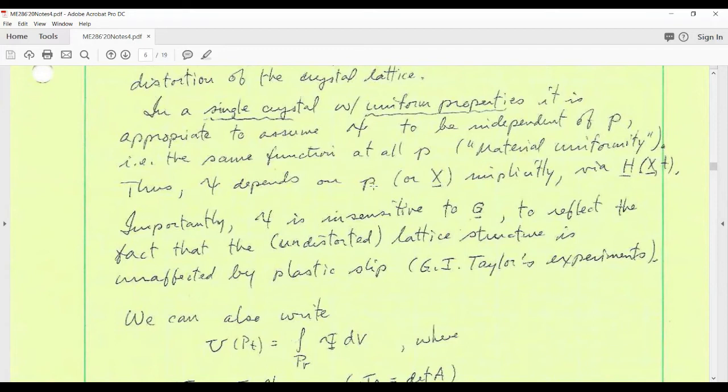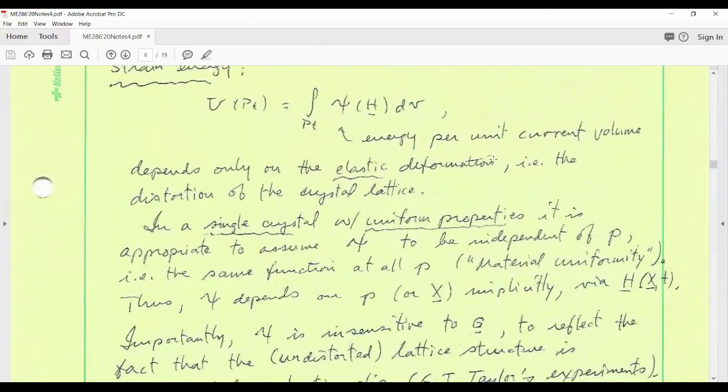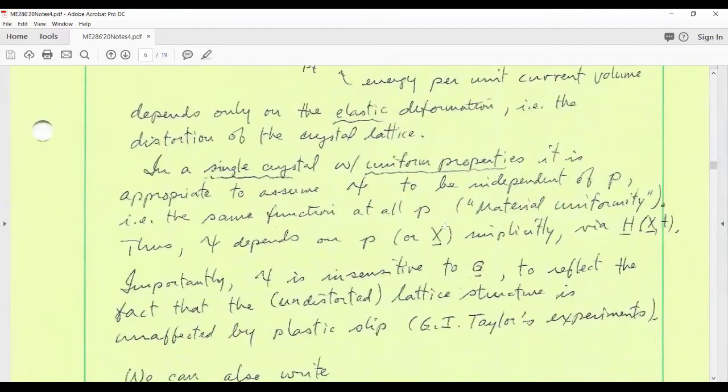You identify the particle, the material point, by its reference position or by its convected coordinates, if you prefer. So this will be a function of material point through h, but that's an implicit dependence on the material point. What I'm saying here is, we'll assume for the time being that psi does not depend explicitly on the material point.